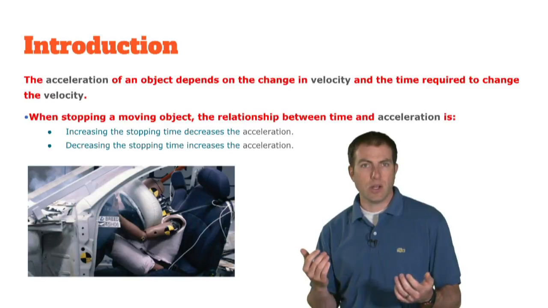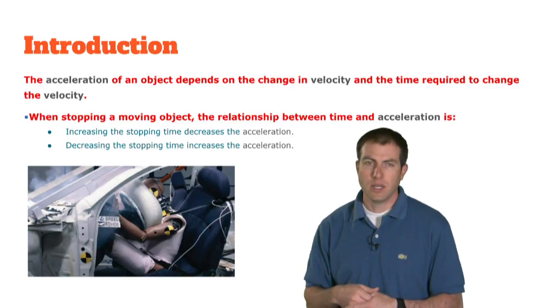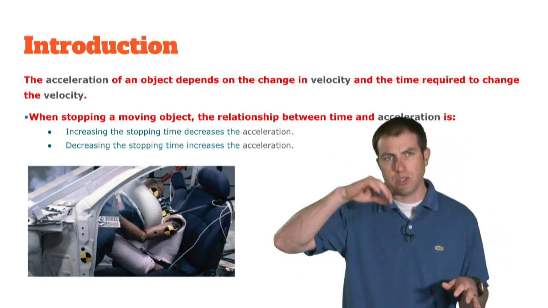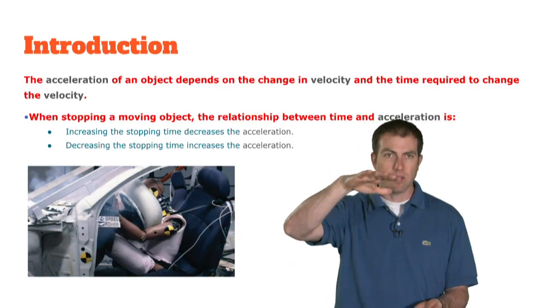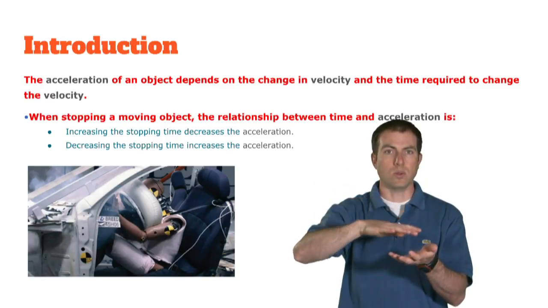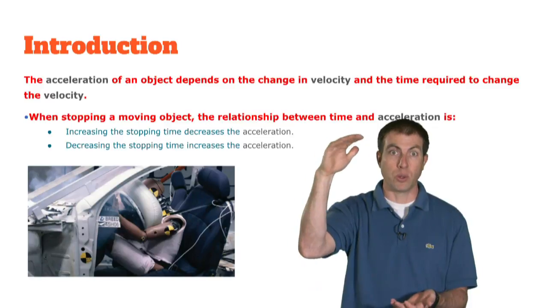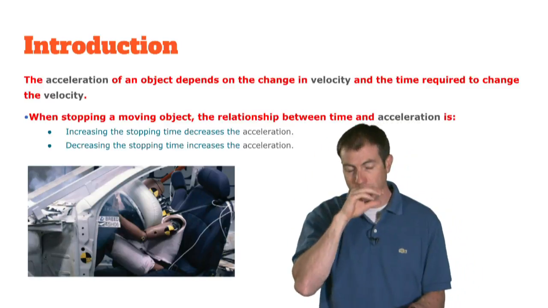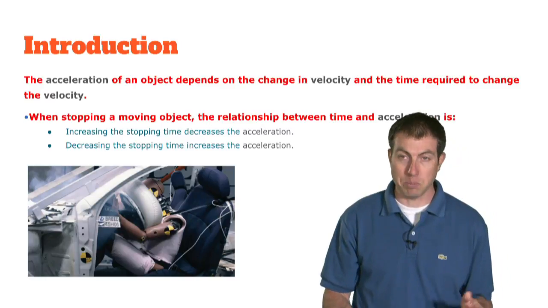So that's how airbags work. If you watch stuntmen jumping out of a building, they have those big air cushions. When you land on the cushion, it increases the amount of time it takes to go from going really fast to a complete stop, lessening the acceleration and lessening the impact and damage.